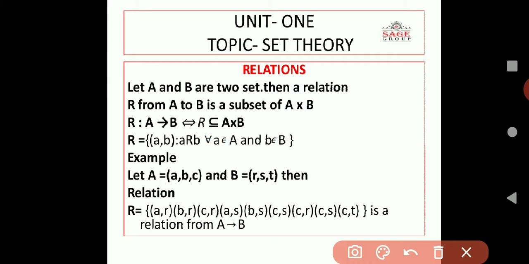By the definition of relation, we write R as the relation from the elements of A to the elements of set B. If we consider a, the first relation, a with r, gives us ar.